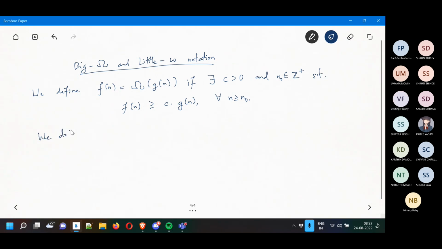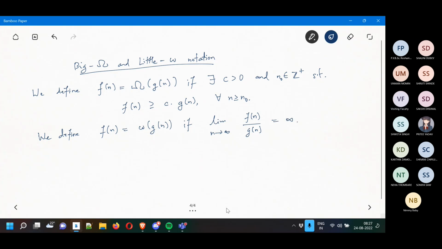Further, we define f of n is little omega of g of n if, now when you say little o, f of n is very, very small as compared to g, now f of n is very, very large as compared to g. So if the limit as n tends to infinity of f of n by g of n is infinity.